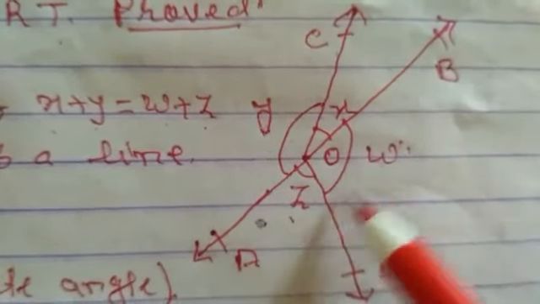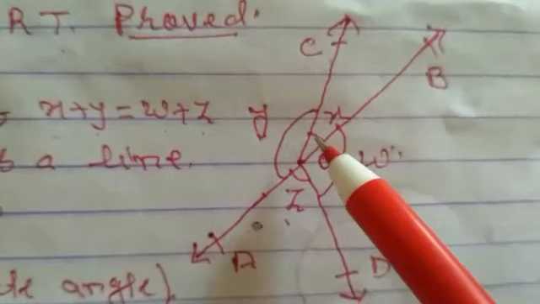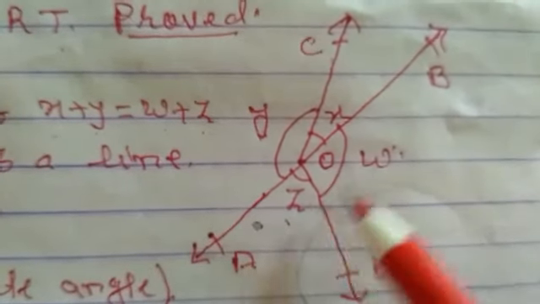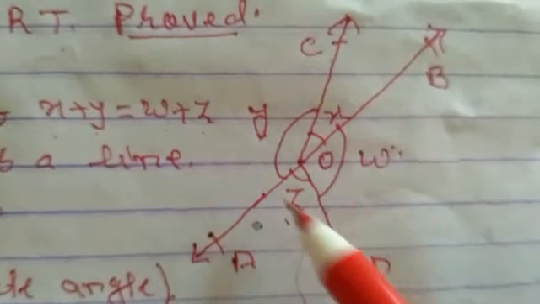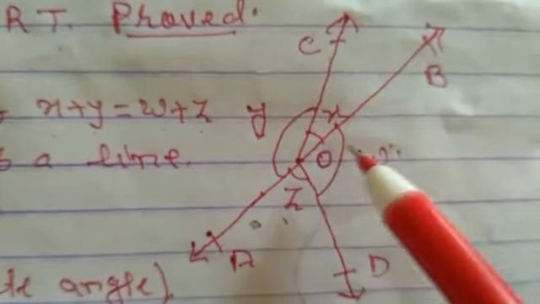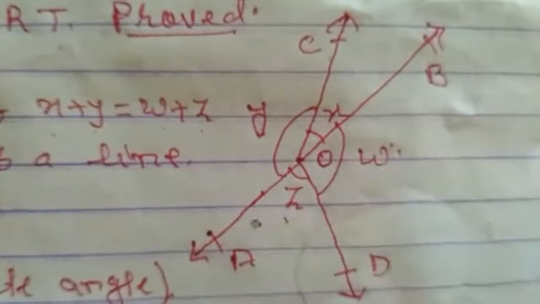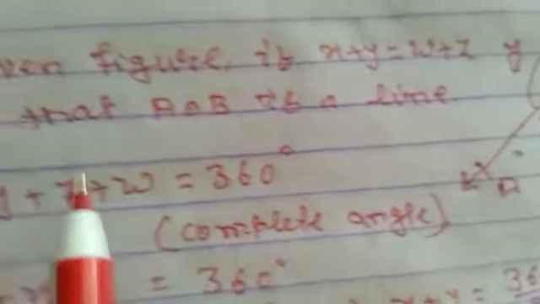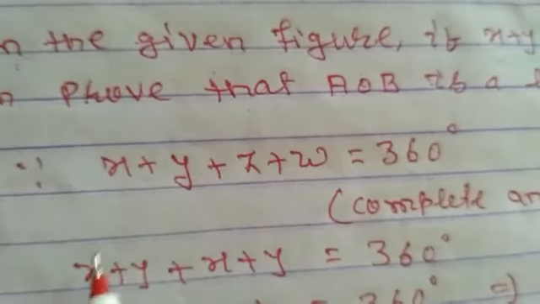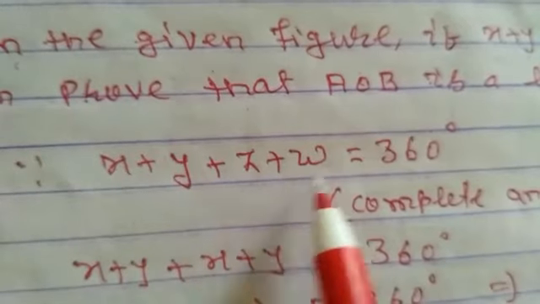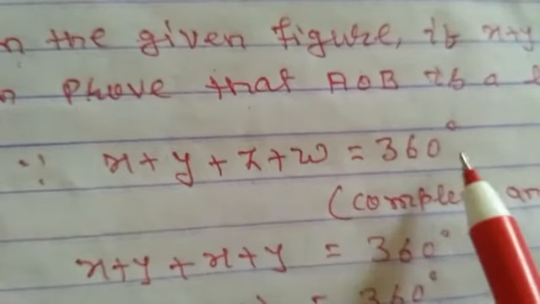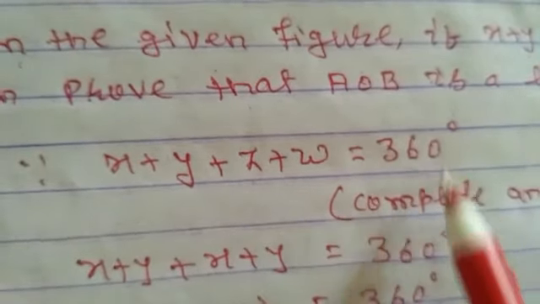So the sum of these four angles will be equal to 360 degree, because of the complete angle. Applying that property, we write x plus y plus z plus w equals 360 degree. This is by the property of complete angles.